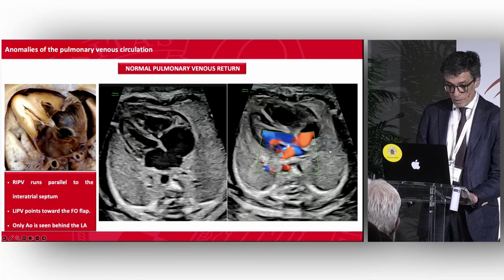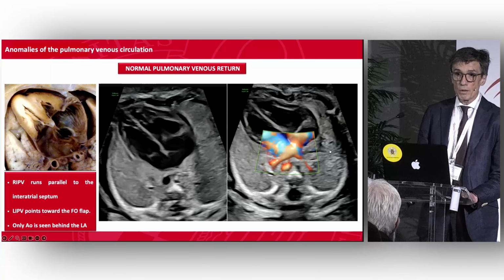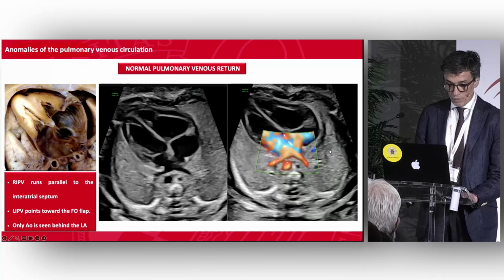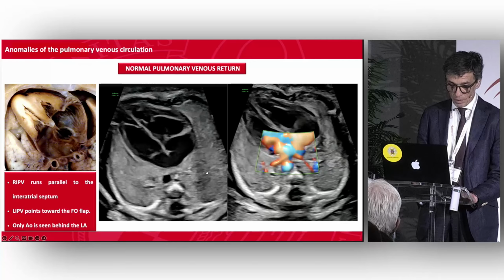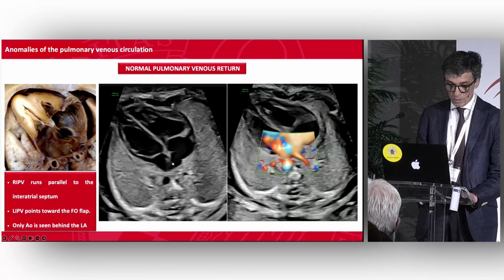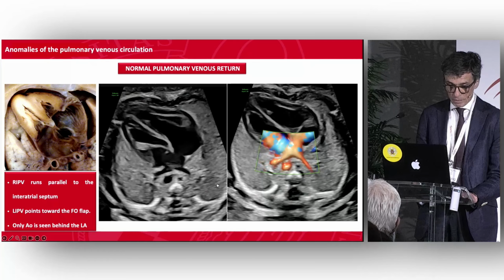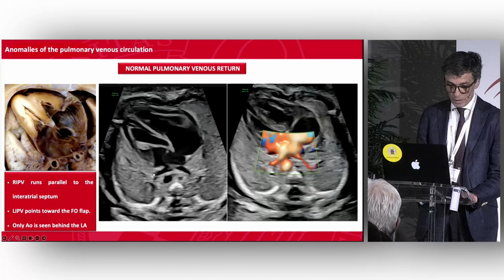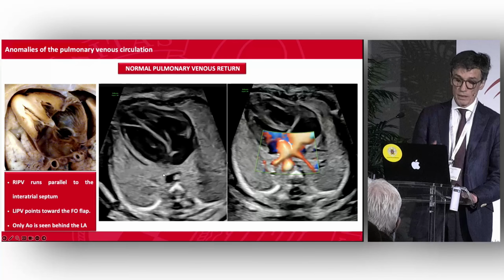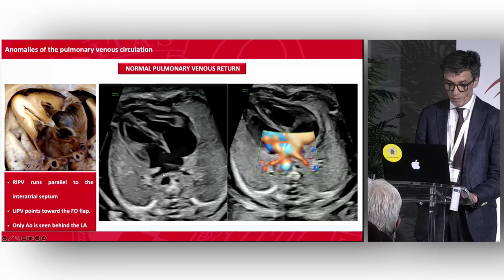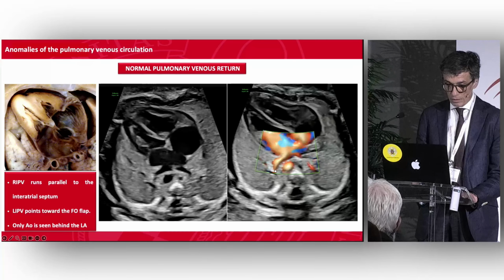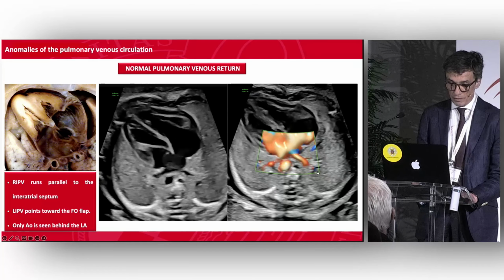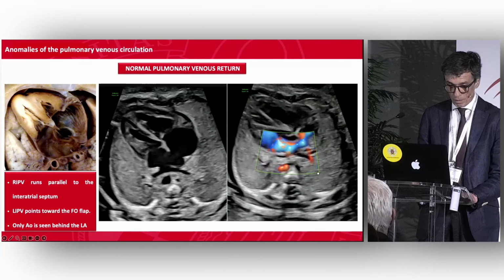Most guidelines recommend seeing only 2 pulmonary veins, the inferior ones, one coming from the left lung and the other from the right lung. The one coming from the right lung usually goes parallel to the interatrial septum, and the one coming from the left lung usually goes at a straight angle with the atrial septum, and with color Doppler, we may see how the flow enters the left atrium without any problem.